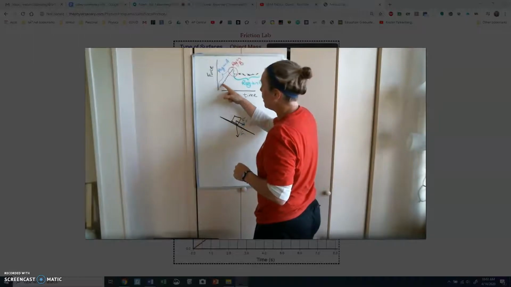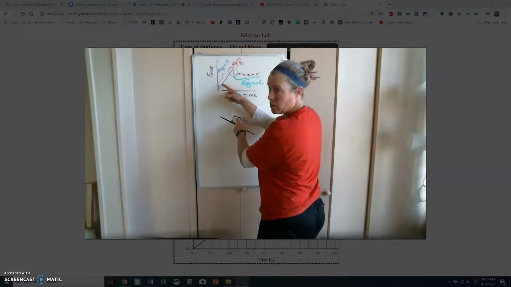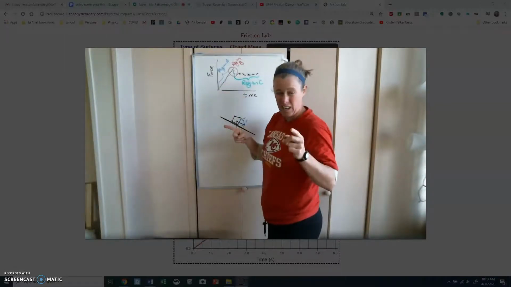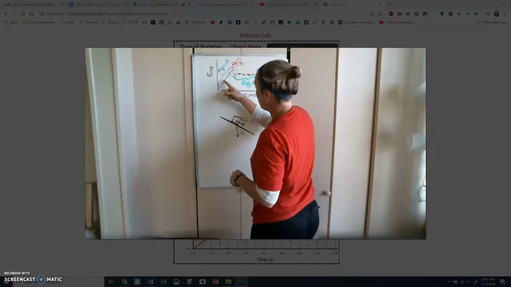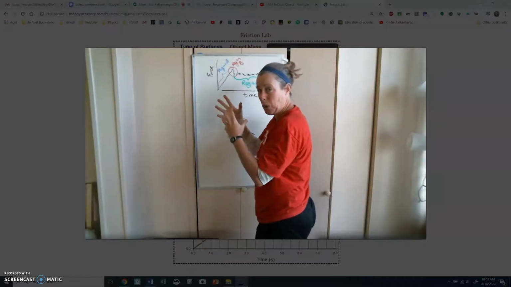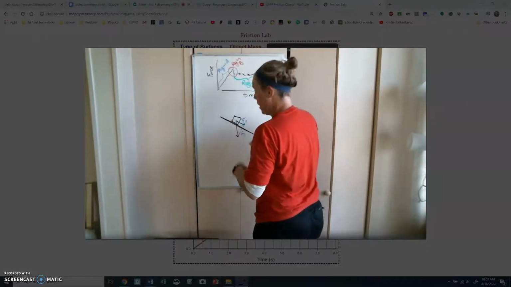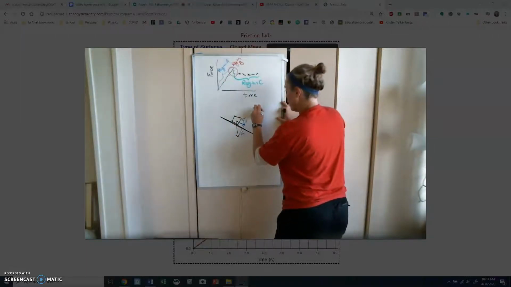This whole time, the block is gripping the surface, whether that's rubber on ice, graphite on graphite, or I think I had iron on laminate. It's going to be gripping, gripping, gripping until there's a point where it can't grip anymore. If you were to look microscopically, every surface has bumps.